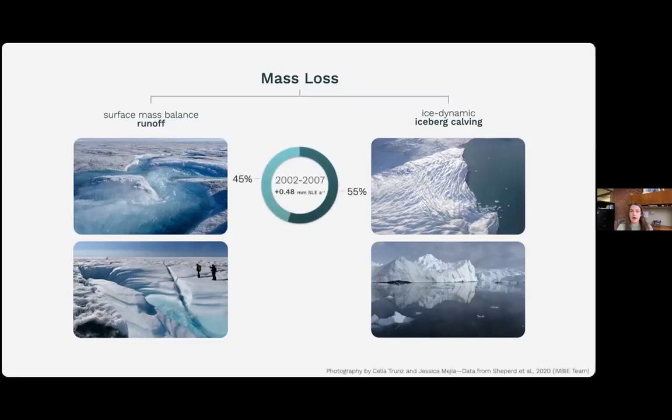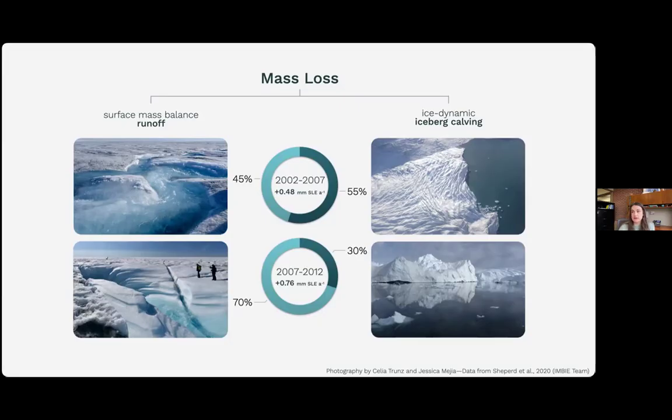If we look at how the proportion of mass loss from these two processes has changed within the last 2 decades or so, we've seen a shift from ice dynamic discharge being the main mechanism of mass loss to runoff being more and more of a concern.